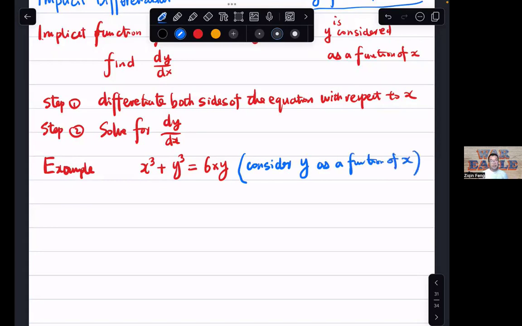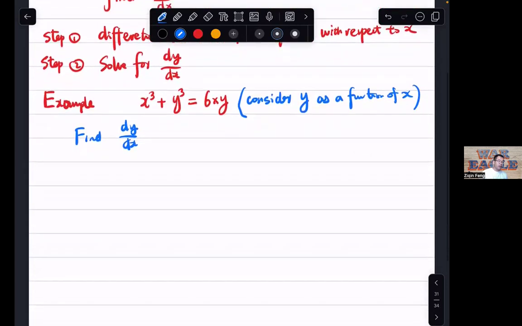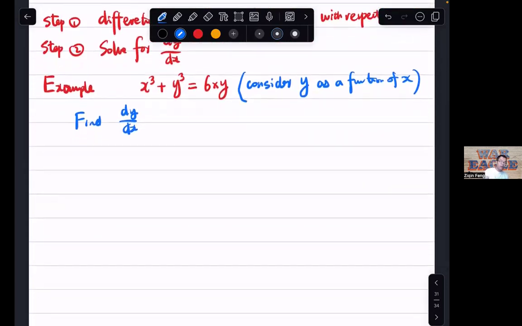X is independent, y is dependent. So we are looking to find dy over dx, considering x to be the independent variable. So let's follow our steps.